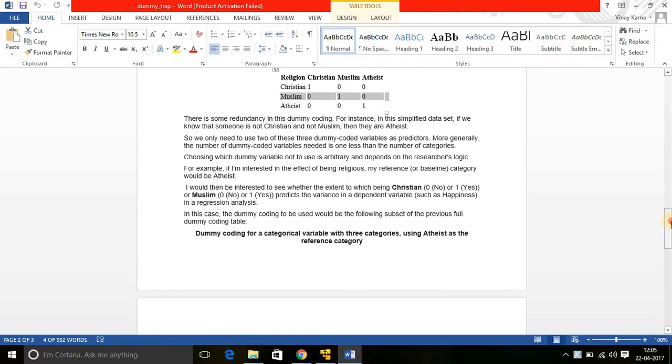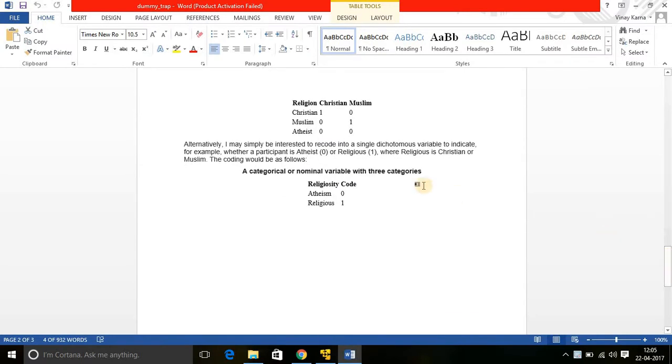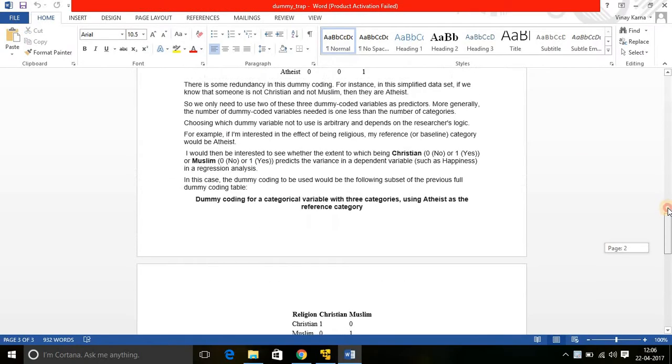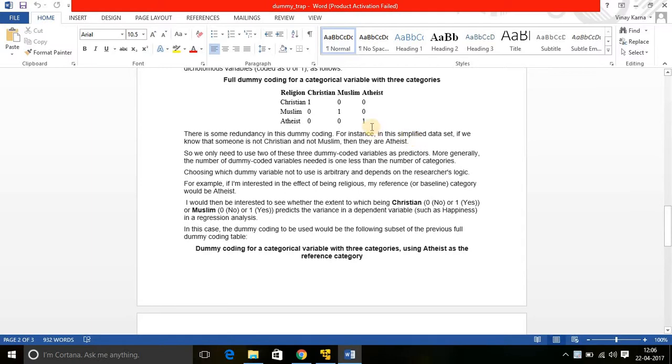So let's see what I mean by that. If he's a Christian, 1, if not 0. If he's a Muslim, 1, if not 0. Now he is neither Christian nor Muslim. That obviously means he is an atheist. So we need not use the third dummy. The third dummy is faltu. This third dummy can be very well described by the upper two dummies, so we don't need to use it.